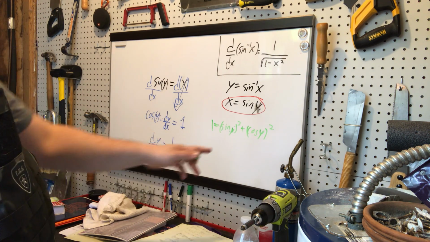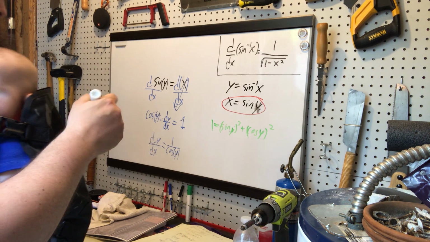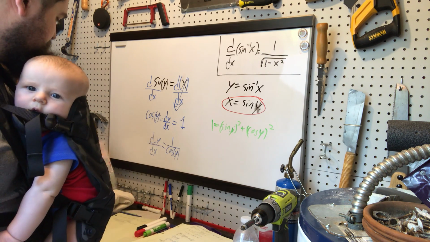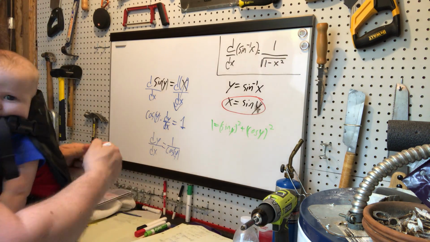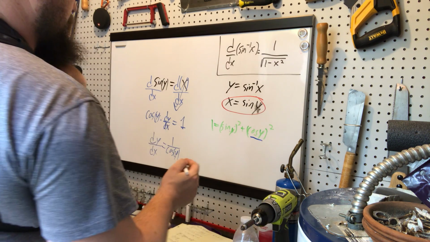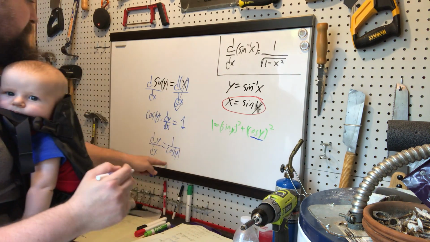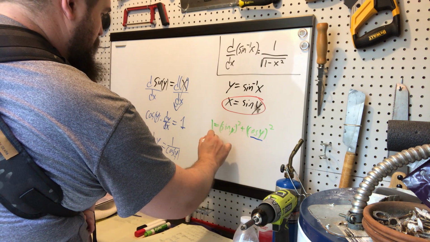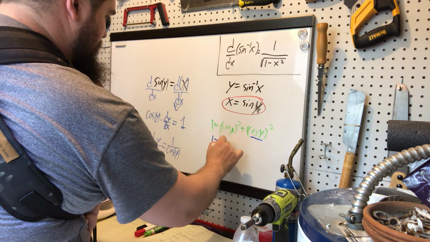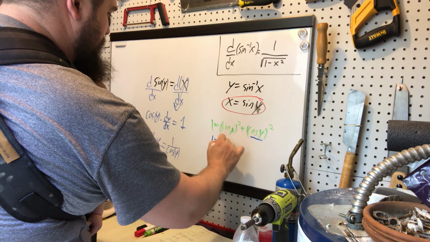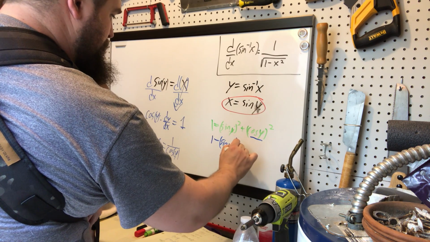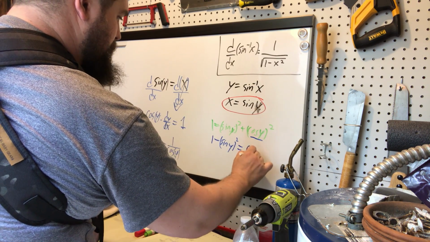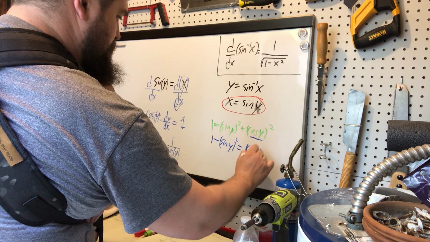Now, what we have here, which is great for us, is this cosine right here. This is what we want, because we can rearrange: 1 minus sine of y, squared, is equal to cosine of y squared.